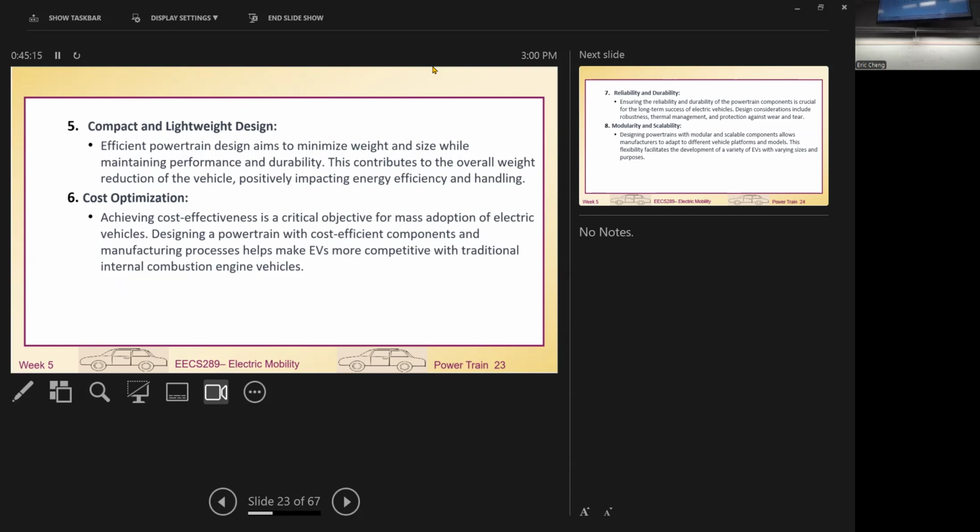For example, you don't use powder iron, you may need to use a really good high nickel type of core and flat wire to make the motor. In this case, you can make the motor have really low losses, but expensive. So that's the cost optimization, how you balance the performance, the cost, and also the technology. So there are many design issues here.